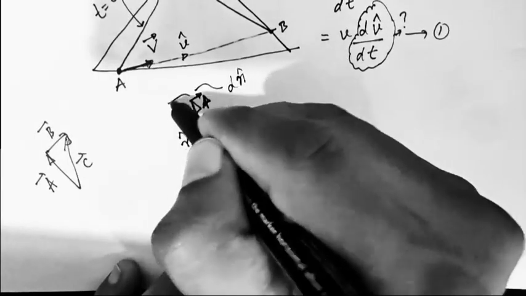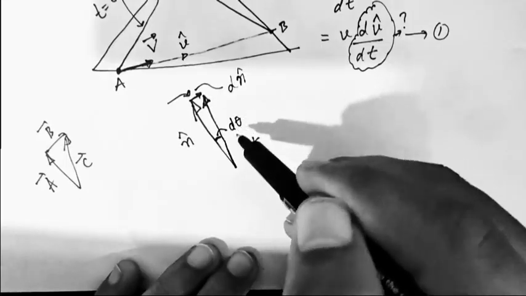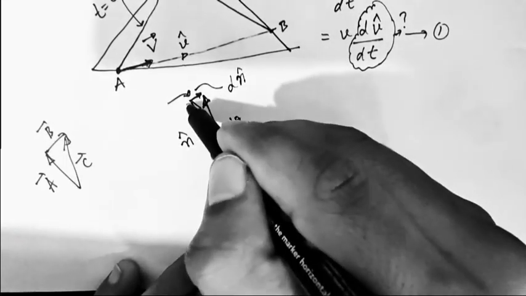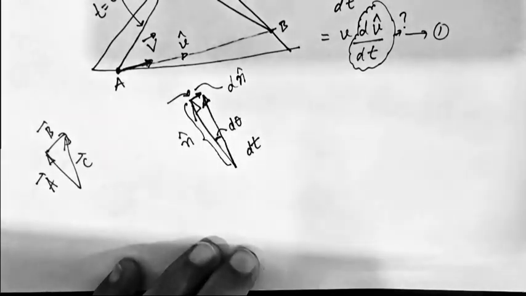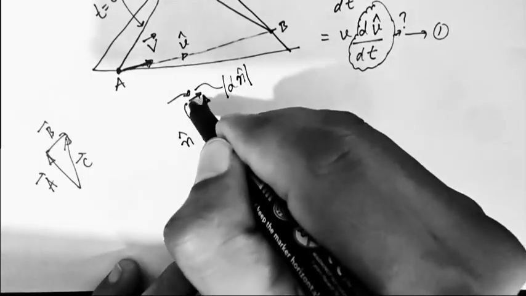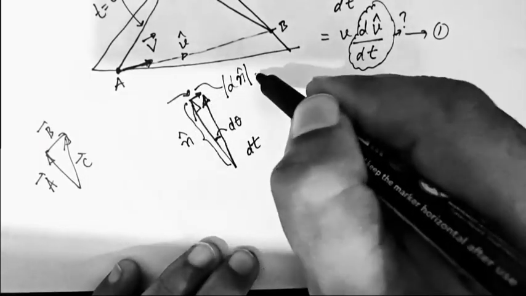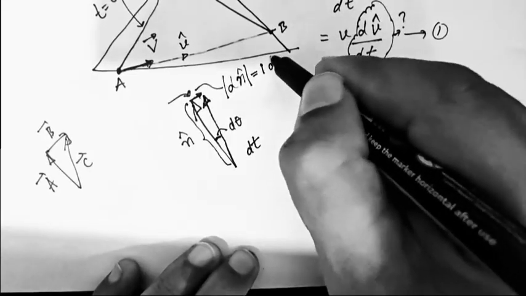So arc can be written as angle times radius. So this small angle I can write d theta. And what is this radius here? This length is 1 because it is the length of the unit vector. So the magnitude of this change in the unit vector is nothing but r, which is 1, into d theta.